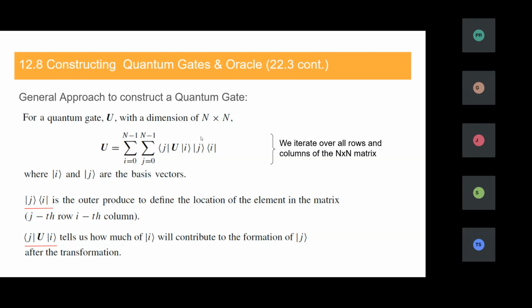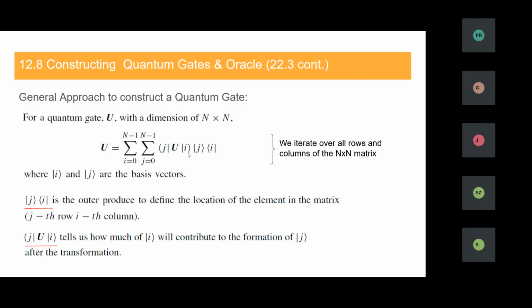I'm assuming that the black box will operate on these specific values of J and I, and these J and I will be used to identify which row and which column are being targeted. I would like to find out the behavior of that function for those specific targeted values of J and I, the position in that n cross n matrix. This is exactly what I'm trying to do.